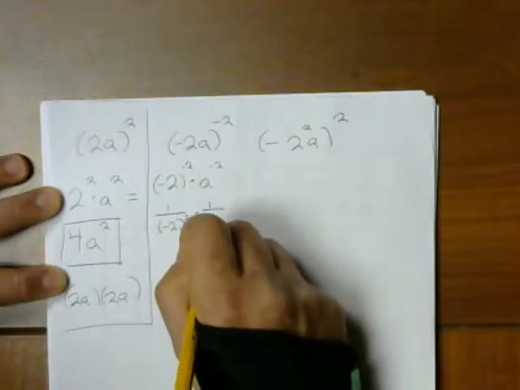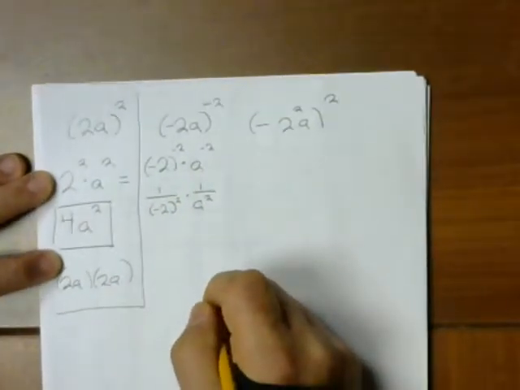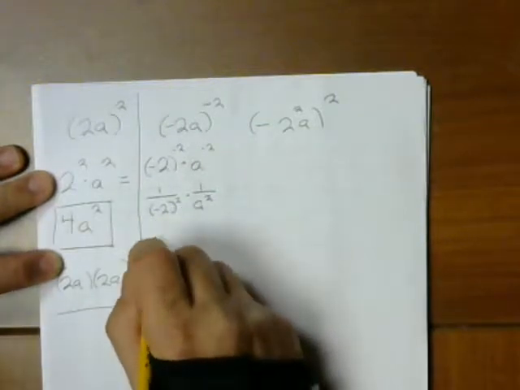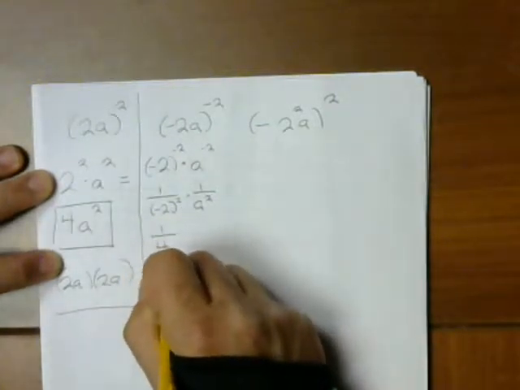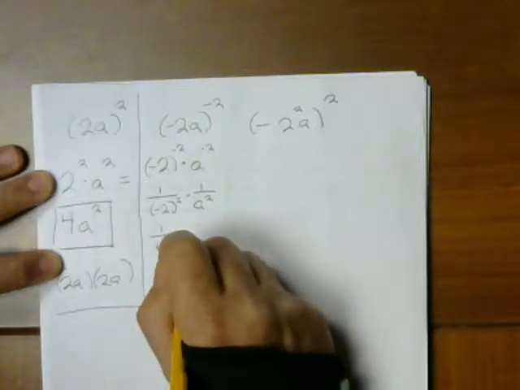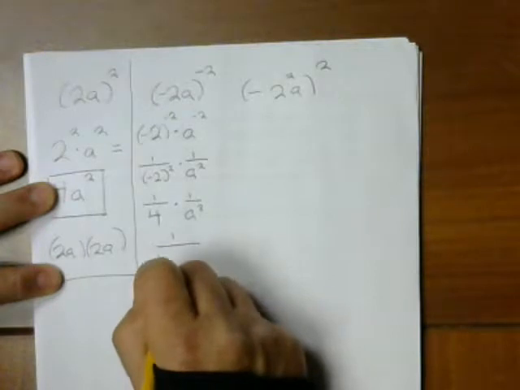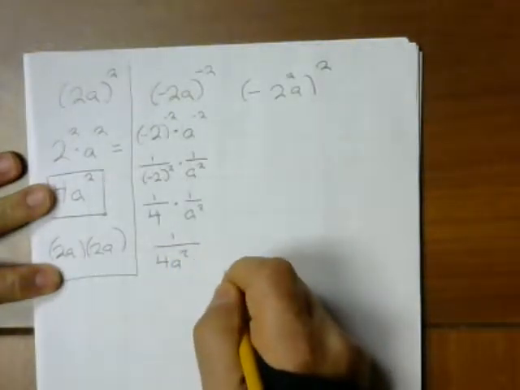And this is 1 over a squared. So what's negative 2 squared? It's positive 4. So we have 1/4 times 1 over a squared, or 1 over 4a squared.